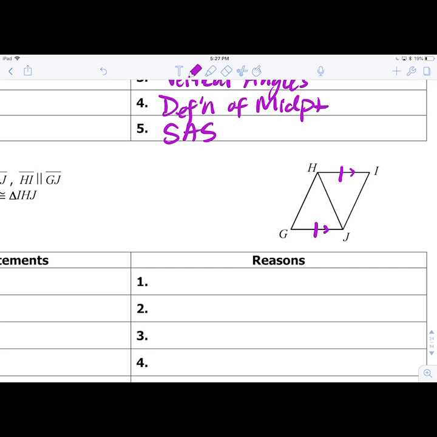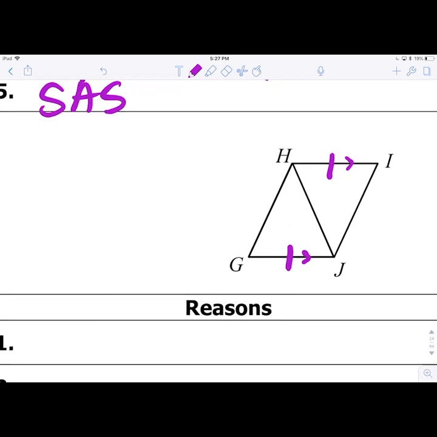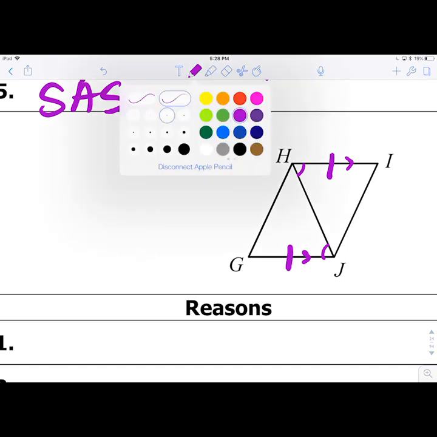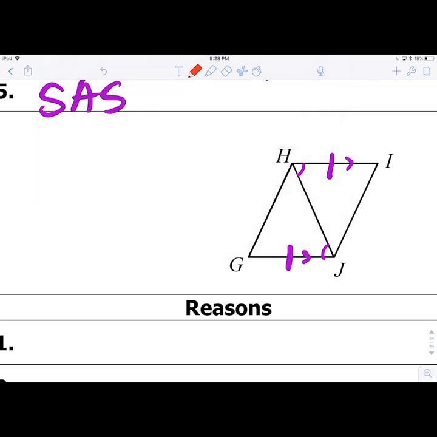We must know that this angle and this angle are congruent because they are alternate interior. Now, don't get it confused. Let me show you in red so you know not to do this. It's not this angle and this angle.